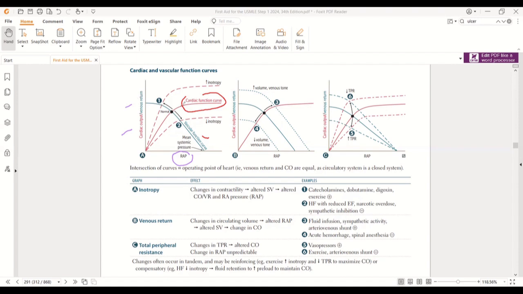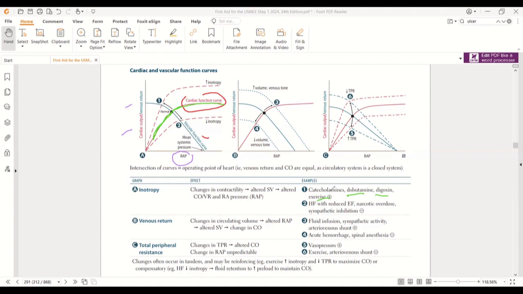So this one is normal. In the exam, they give you a drug like dobutamine, digoxin, or exercise, and what happened to this cardiac and vascular function curve?